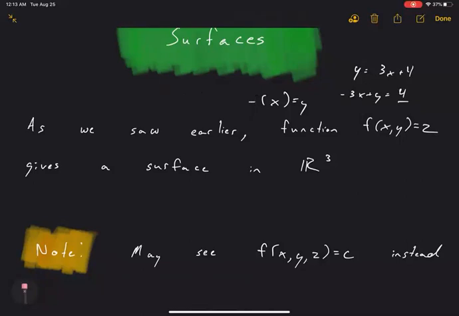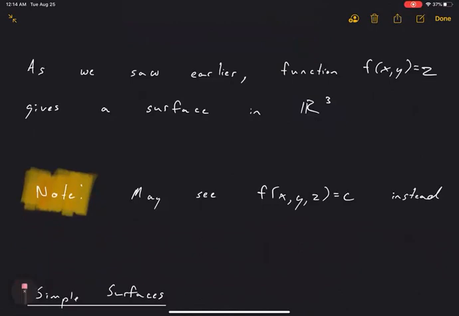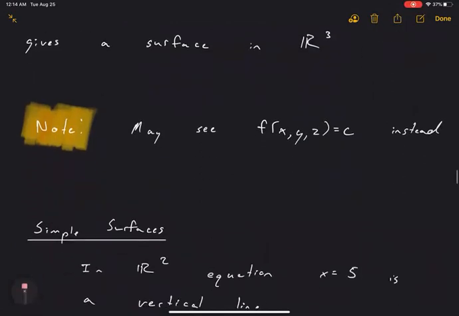Sometimes you'll see that for higher dimensions as well. The standard is to write these higher dimension functions as f of x, y equals z, but sometimes you'll also see f of x, y, and z equal to some constant. It's just a rearrangement.